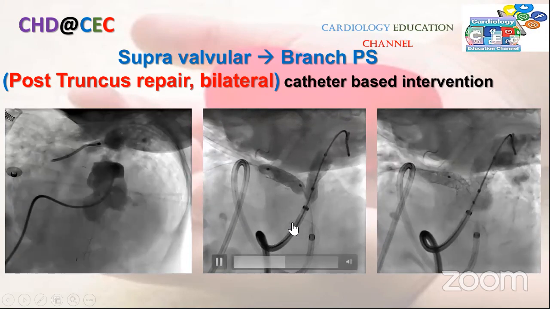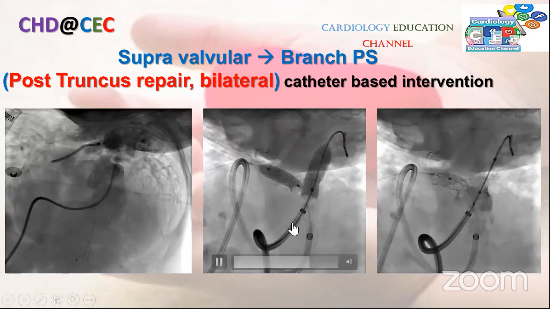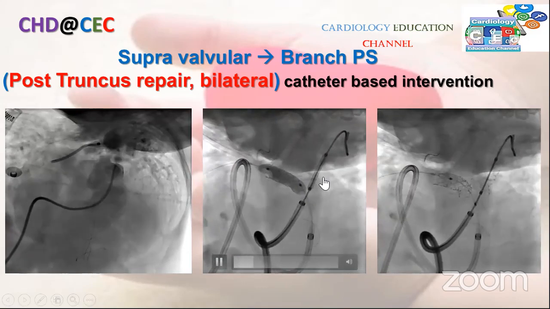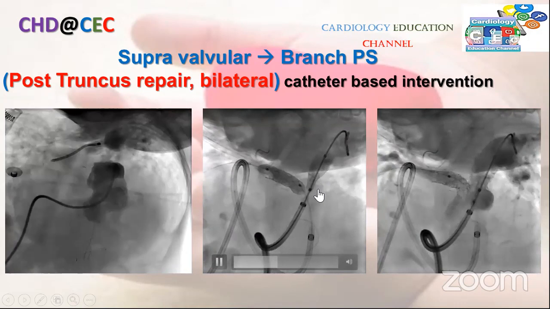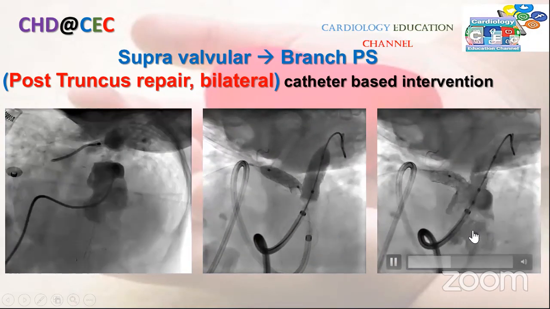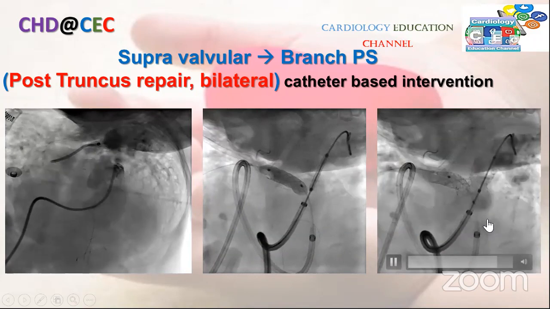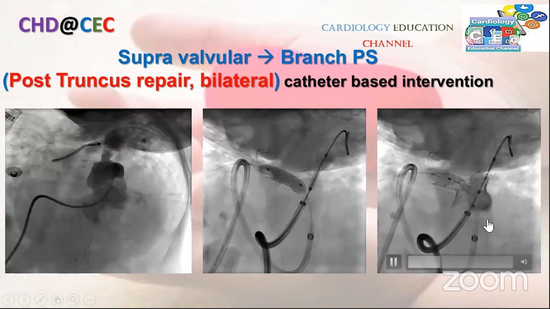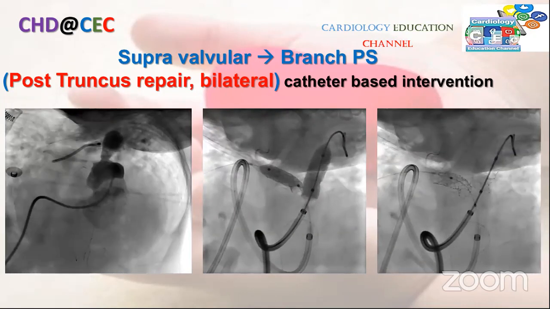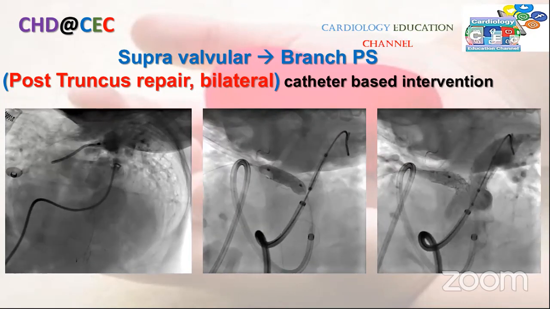This patient was managed with the kissing balloon technique using bilateral balloon dilatation and stenting. And this is the final result. After 2 or 3 days, this patient was out of the ICU and was discharged safely.